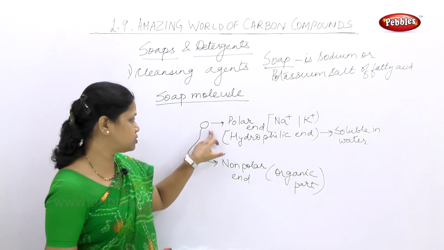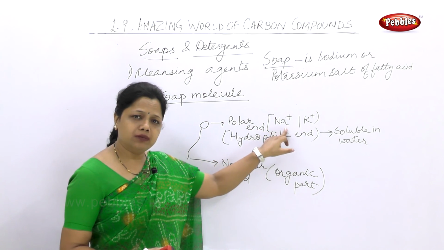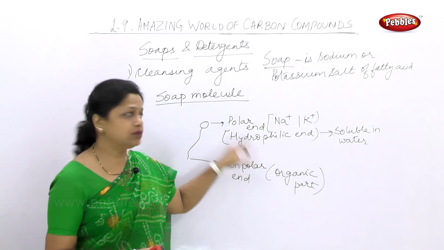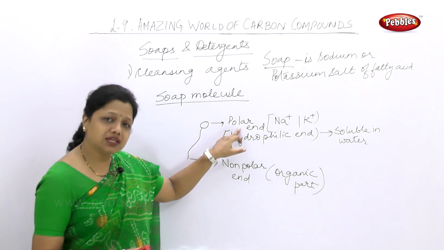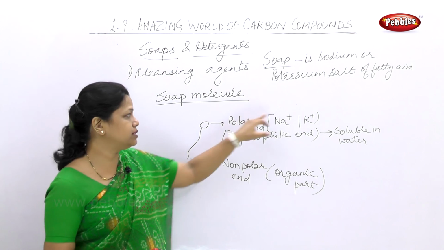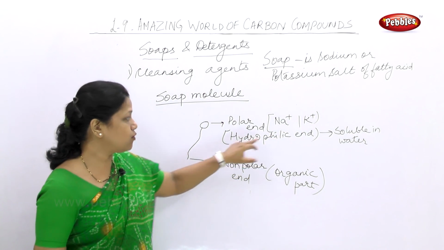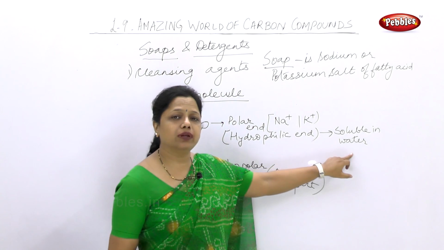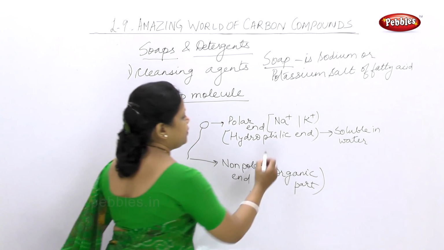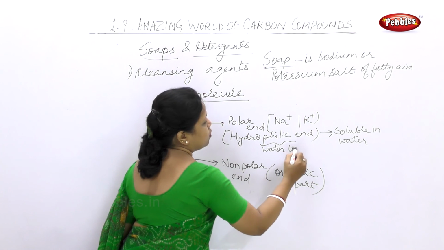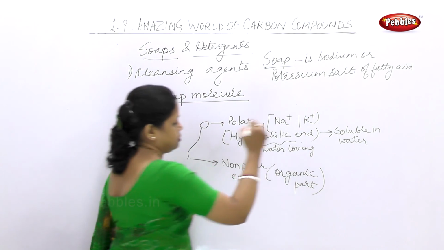This part which contains sodium or potassium ion is called the hydrophilic end of the soap molecule, also called the polar end. Polar means it is formed by the sodium or potassium salts. This hydrophilic end is soluble in water. Philic means water loving.